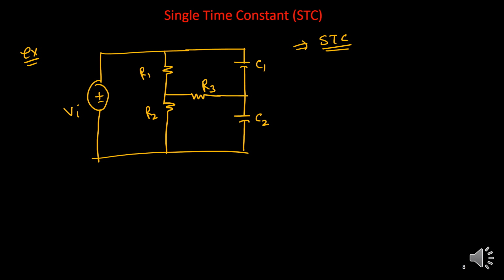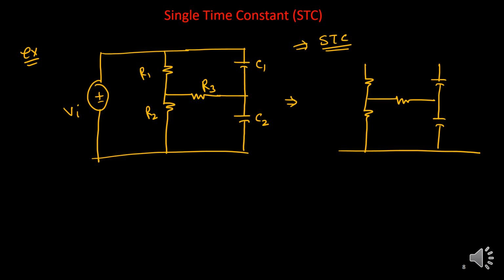Now what you will do? Can I rearrange this circuit? So this is the circuit. Now you can see on the left hand side I can consider this potential is Vi, this potential again Vi.